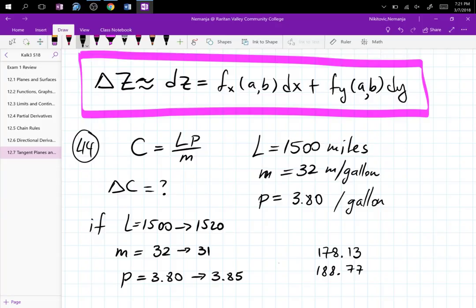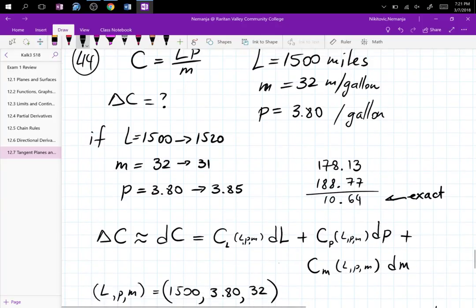So if you take a look at this, the difference is 10.64. That's the exact difference: you use the old numbers, use the new numbers, and take the difference between the two. So it's 10.64.